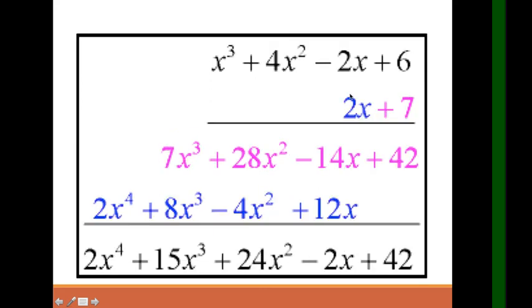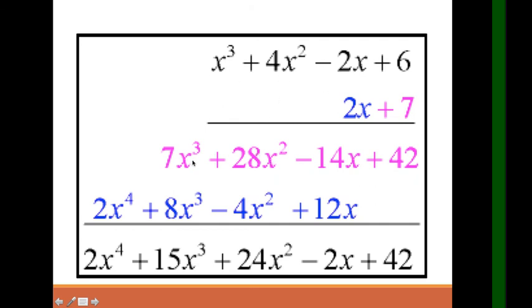Another example is this one. So we have x cubed plus 4x squared minus 2x plus 6 times 2x plus 7. Again, 7 times 6 is positive 42, 7 times negative 2x is negative 14x. 7 times 4 is 28. Then just copy x squared. 7 times 1 is 7.